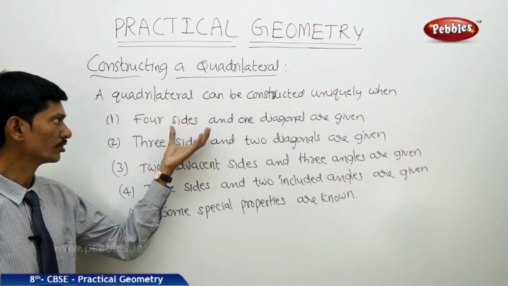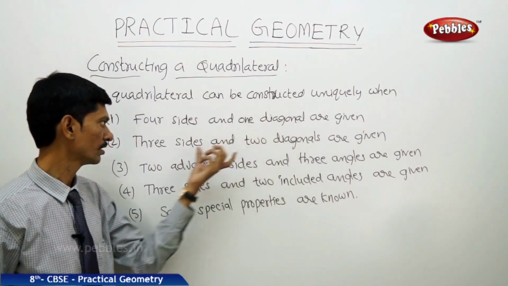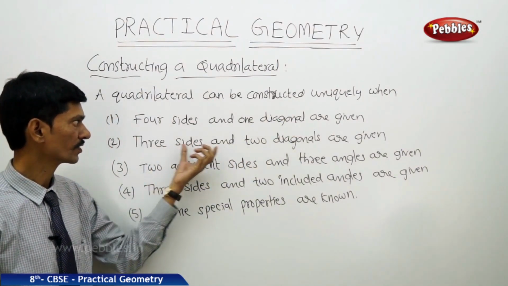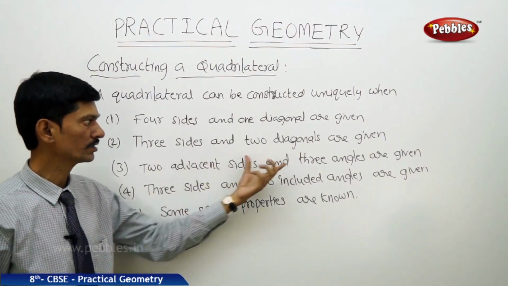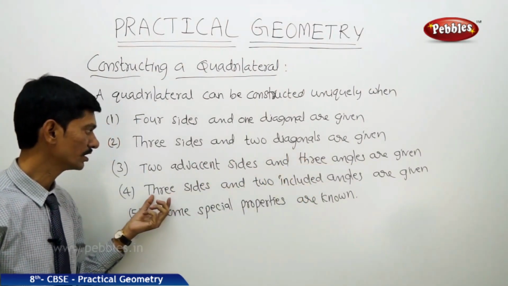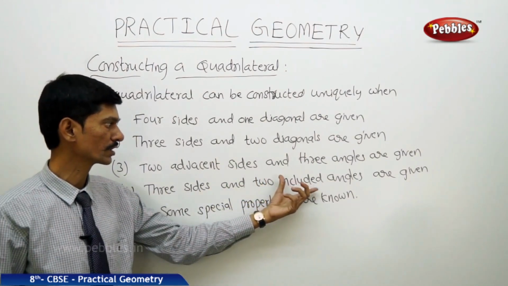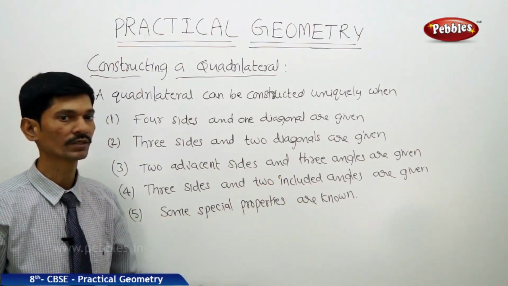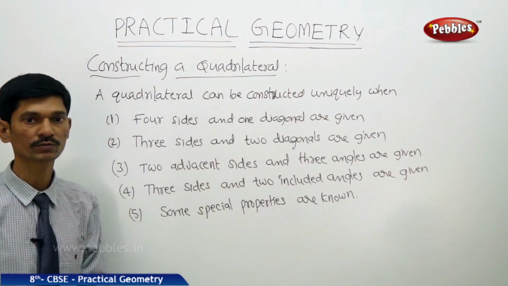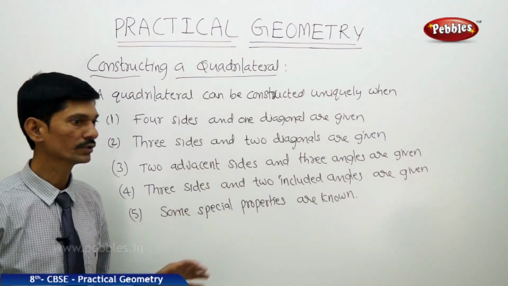So when 4 sides and 1 diagonal are given, or when 3 sides and 2 diagonals are given, or 2 adjacent sides and 3 angles are given, or 3 sides and 2 included angles are given, or the last case is when you know some special properties. So these are the different cases to construct a quadrilateral uniquely.